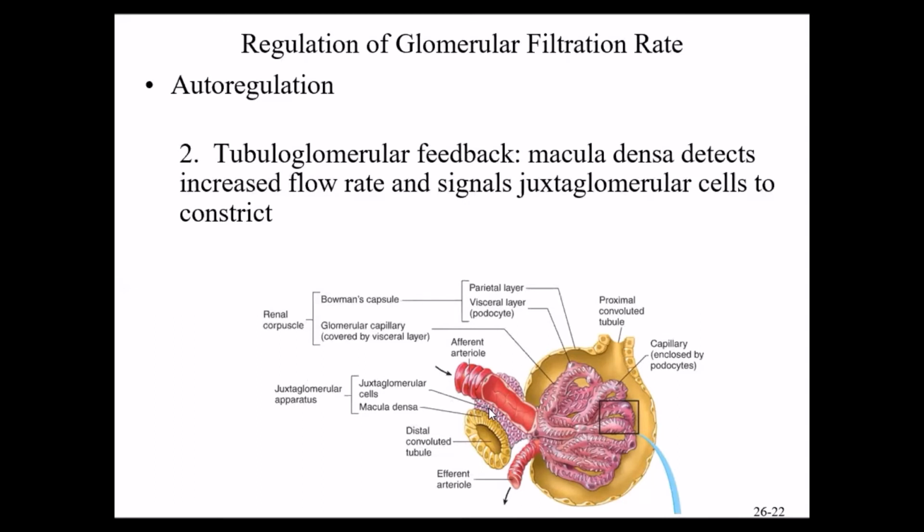By contacting those cells, it's causing those cells to receive that information, and they begin to constrict. So if you have too much filtrate coming through here, that's another way to autoregulate and to decrease how much blood flow is actually going into the renal corpuscle.